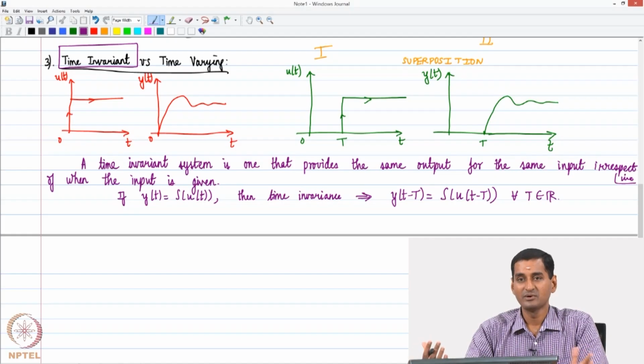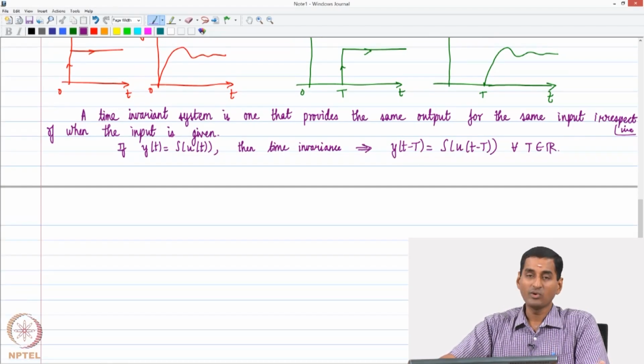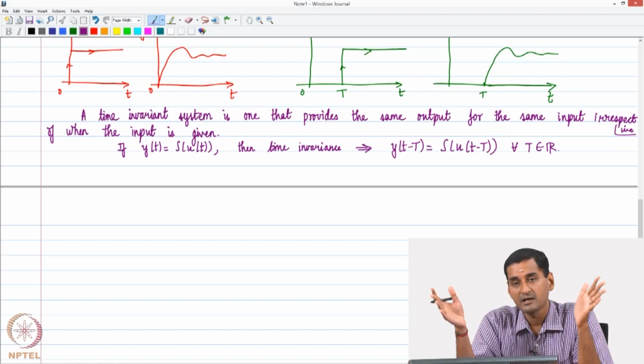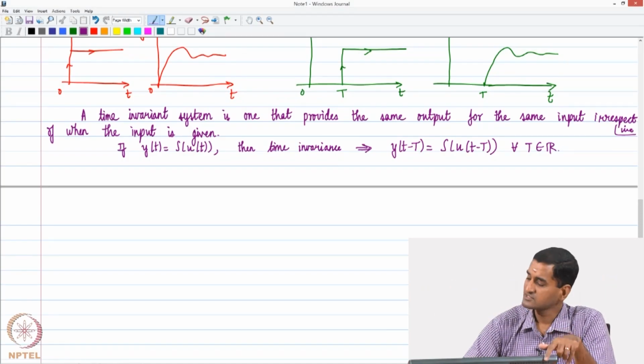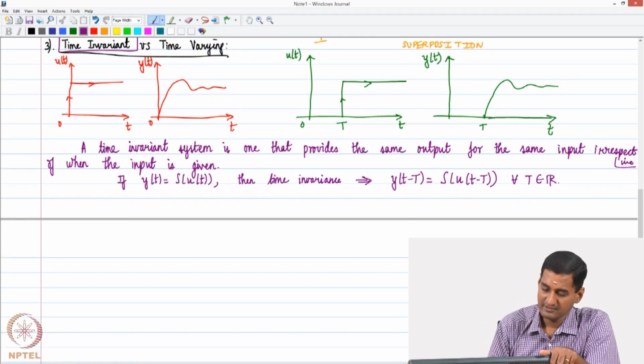So time variance may become important. But the question we need to ask ourselves is, what is the time scale of interest vis-a-vis the time scale over which the system's characteristics change, when we decide to approximate something as time invariant or time varying.